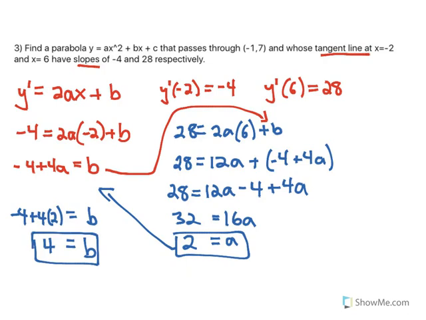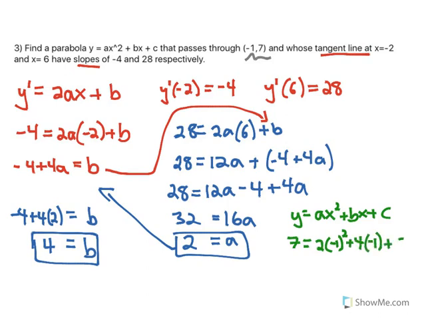Perfect. I've got a and I've got b. Still need c, and you'll notice we haven't used our -1,7. That's got to be on this curve. So I'm going to plug in -1 for x, plug in 7 for y, plug in my a and b, and solve for c. So I'll just start here, ax squared plus bx plus c. And I'm going to say 7 equals a is 2, x is -1 at this point, squared, plus b is 4, -1 plus c.